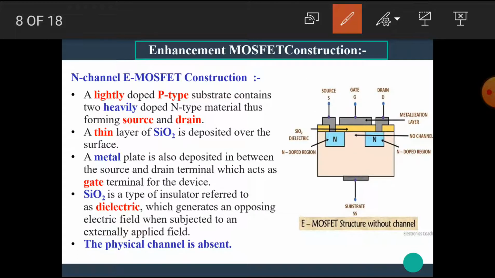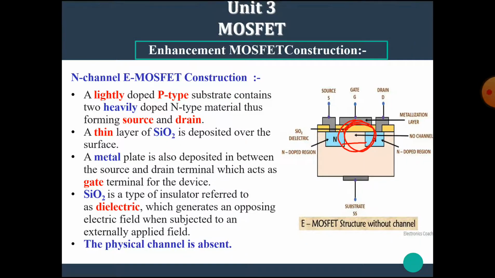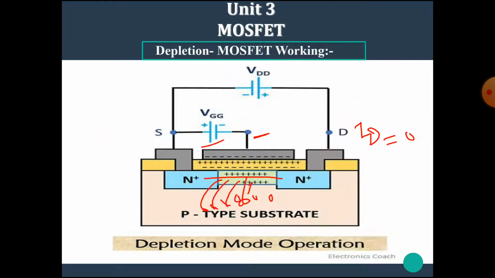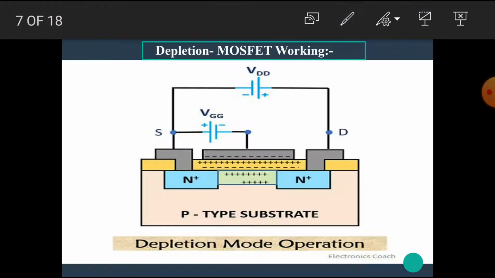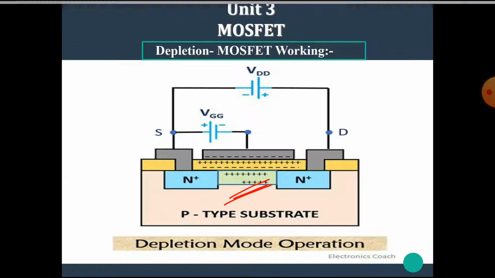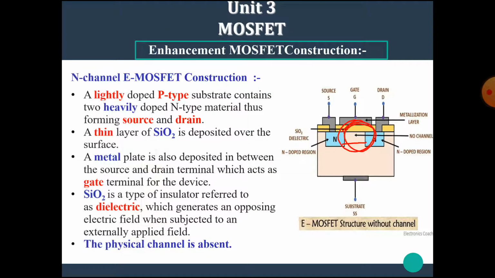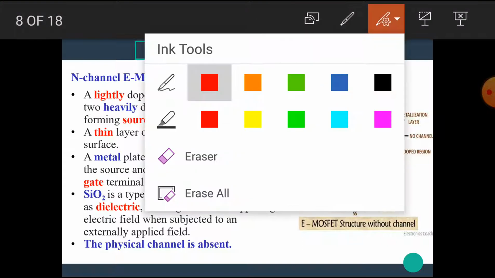That means the construction of the enhancement type MOSFET is similar to the depletion type MOSFET. The only difference is that there is no physical channel present. This is the main difference: in the depletion type MOSFET a physical channel is present, but in the enhancement type MOSFET there is no physical channel.